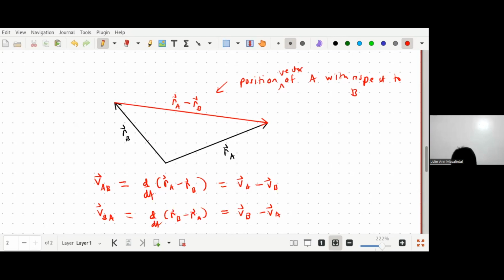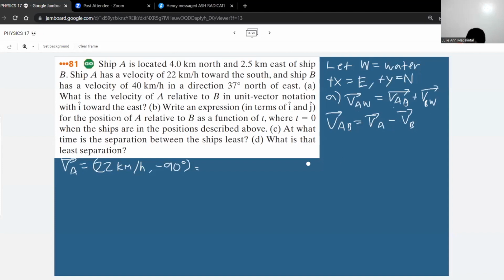Kaya may arrow from B to A. Okay na? Opo. Sige, so let me stop here. Tapos balik tayo dun sa ginagawa mo. So V sub A is in unit vector notation.